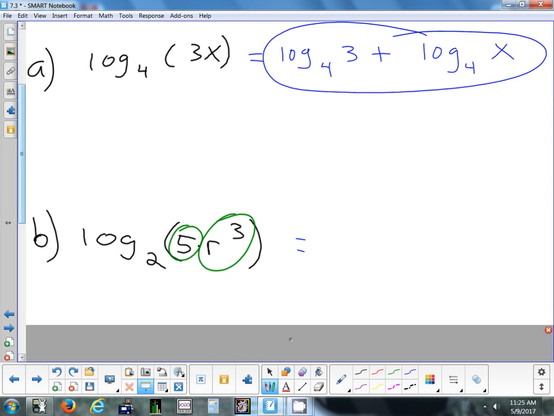They're multiplied together. That tells me it's addition. Sydney, the base, when I split it apart on each log, will be? 2. Yep, 2. And 2. Riley, what's going to be my first argument? 5. And Michael, my second argument? R cubed.